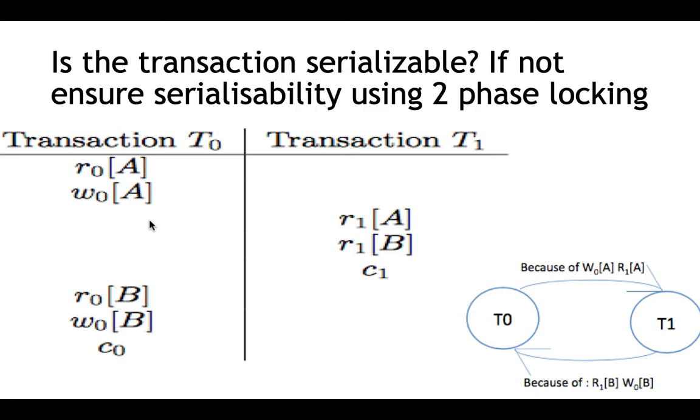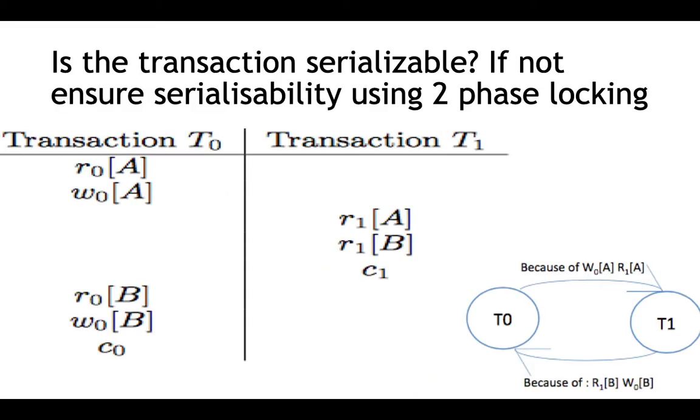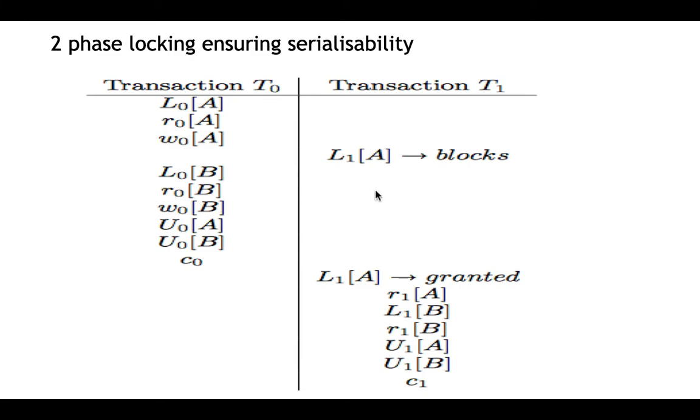Let's see the solution now. So L0 means lock operation by transaction 0 over A. So we lock A, then we read A, we write A. So after write A, actually this read A is occurring in T1 according to this schedule. But now this A is locked by transaction T0.